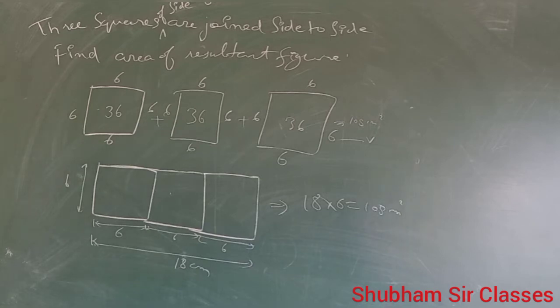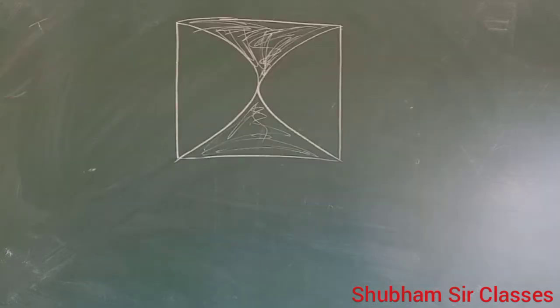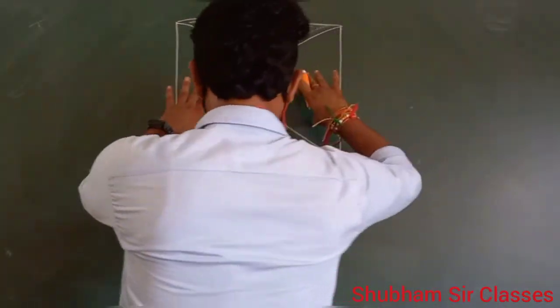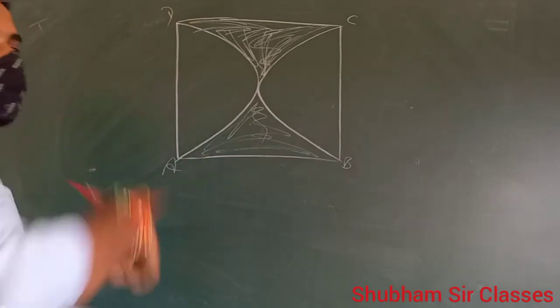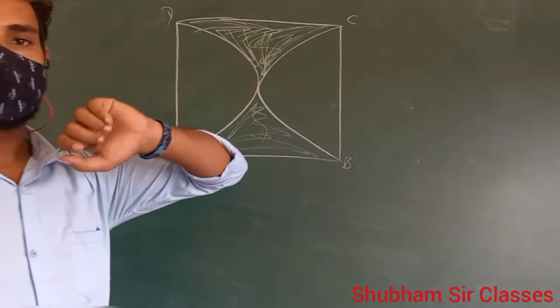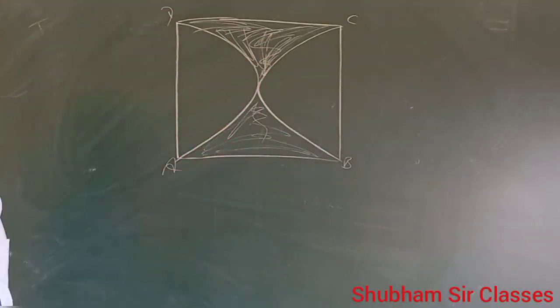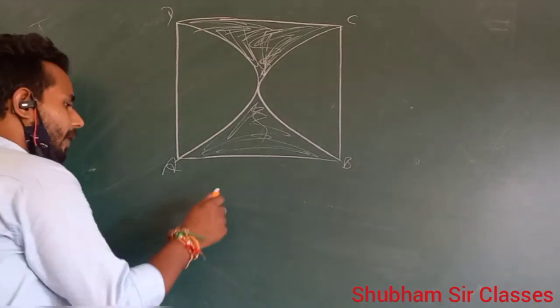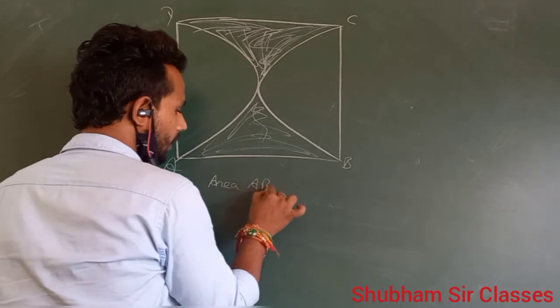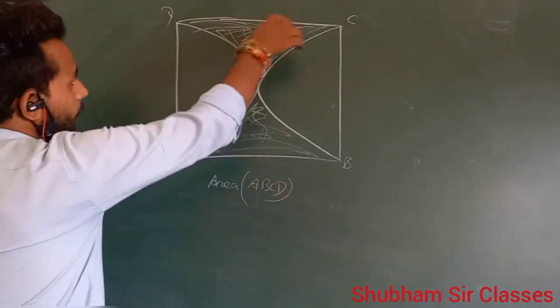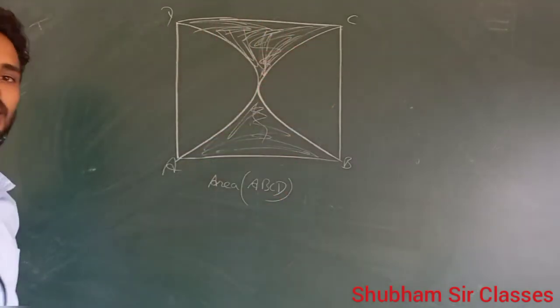Now we will relate this to the circle, because we are talking about the chapter areas related to circles. So here we have a figure. You can see it is a square. ABCD is a square, and we have to find the area of only this shaded part. If I find the area of the square ABCD, it will cover the complete internal part.